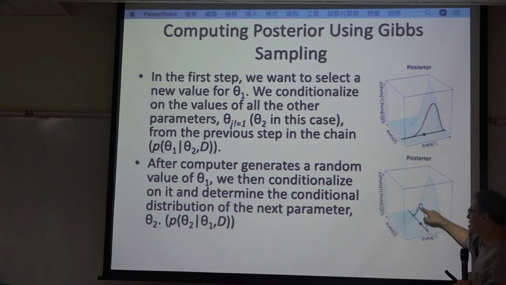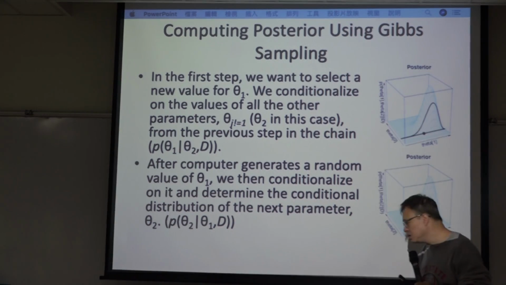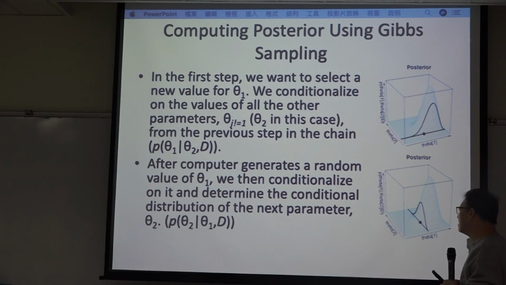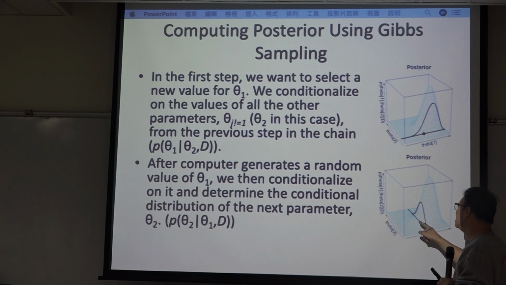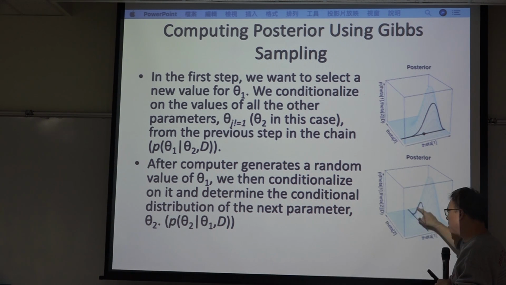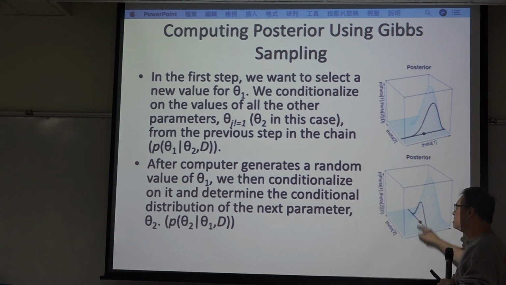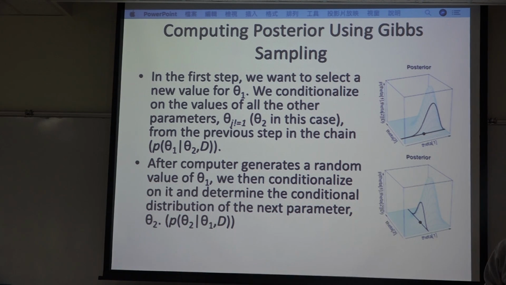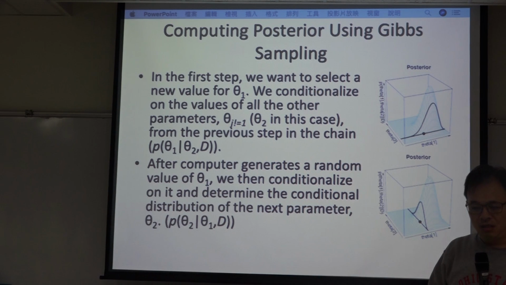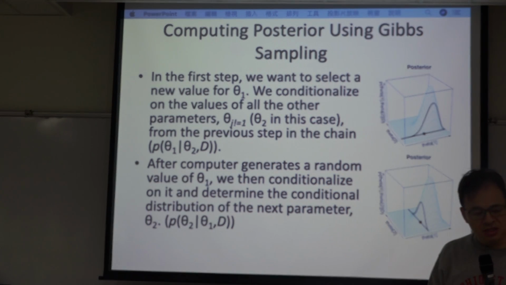This is, again, your conditional probability distribution. And you are going to select a theta 2 based on this probability distribution, to decide where you are going to move to in the next iteration.